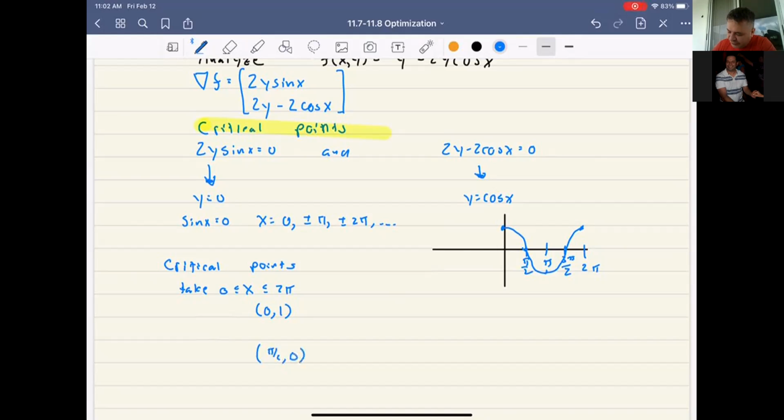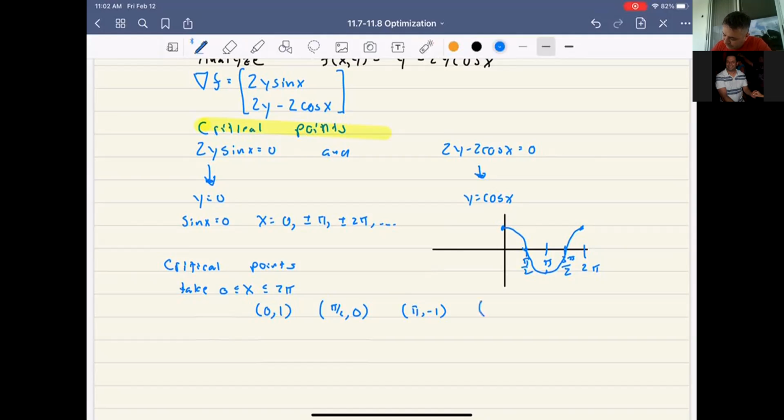Pi over 2, 0, because y equals cosine of x is satisfied, but also y equals 0. Also, x equals pi, so pi comma -1, okay? Because there sine of x equals 0 and y equals cosine of pi.